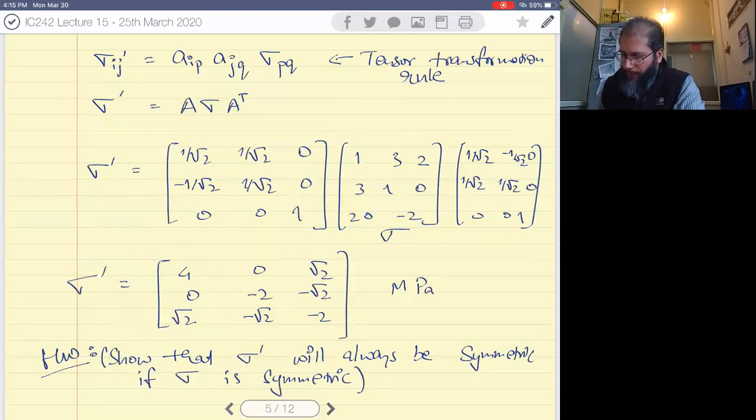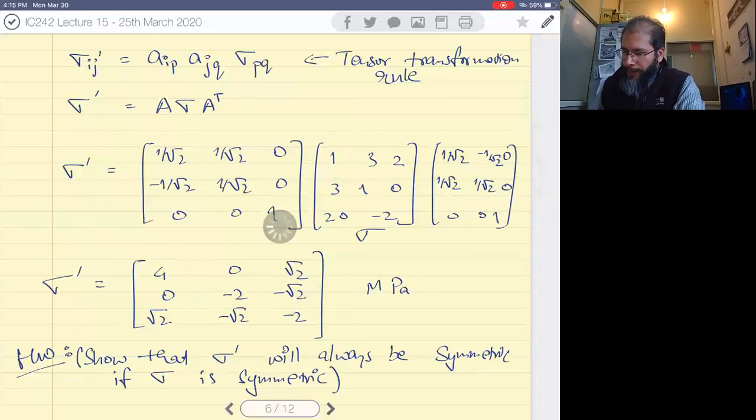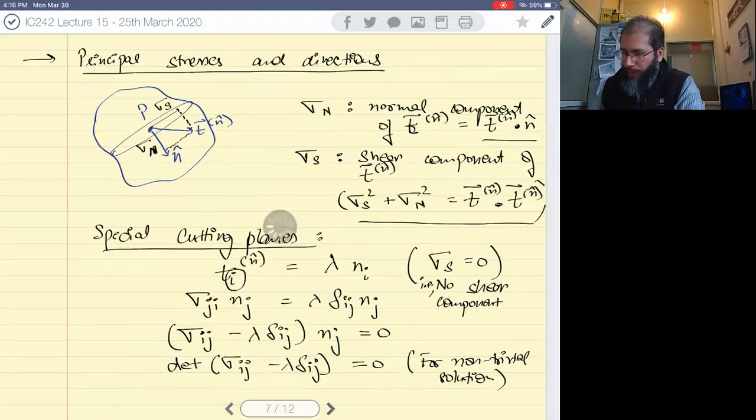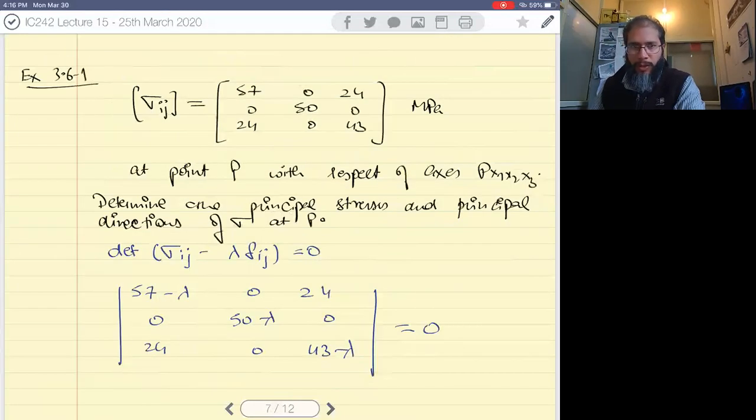Then I gave you a problem to show that sigma prime will be symmetric if sigma is symmetric. That is to say that if your stress tensor is symmetric, then the transformed stress tensor will also be symmetric. Then we talked about the principal stresses and their directions. We talked about the normal and the shear stresses.